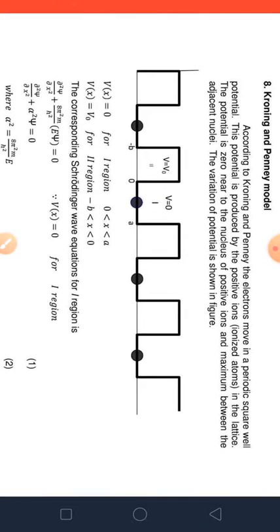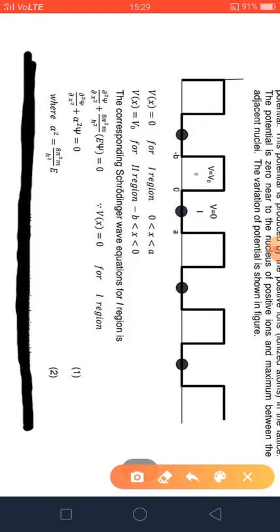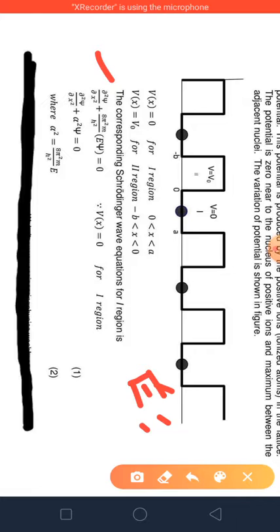By using those relations, according to the Schrodinger equation for region 1, we have d square psi by dx square plus 8 pi square m by h square into E psi is equal to 0, where E is the energy function and psi is the wave function.